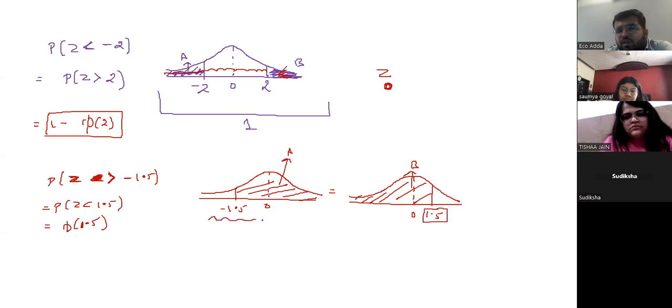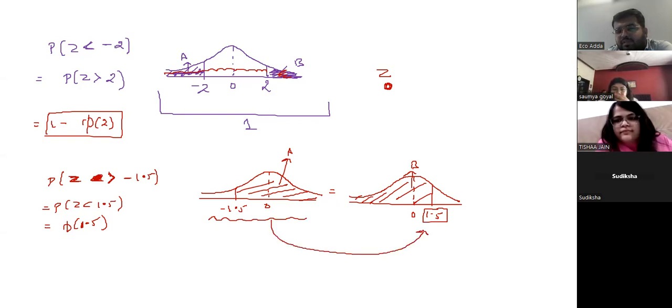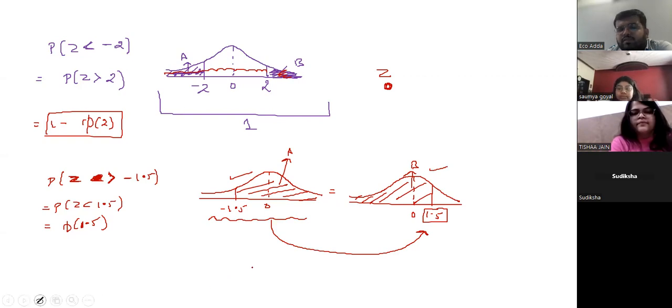So first we need to convert this so that z becomes positive, such that my area towards the left side is equal to area towards the right side. Yes, sir, I got that. But here we did not use the formula for 1 minus phi of z, right? For converting it, we just converted it directly from greater than to less than. Do we not have to show the 1 minus phi of z? All you need to show is the graph. That's all. Okay, sir. Understood? Any doubts? Okay.